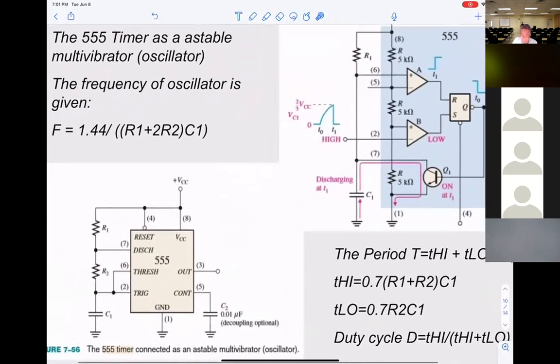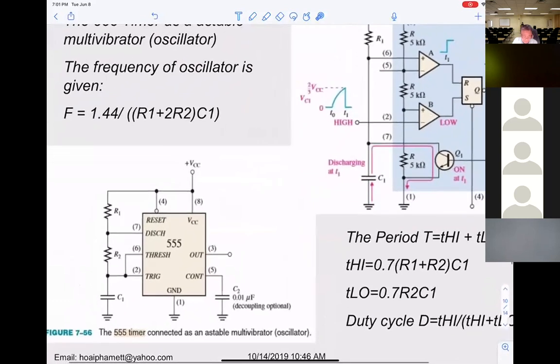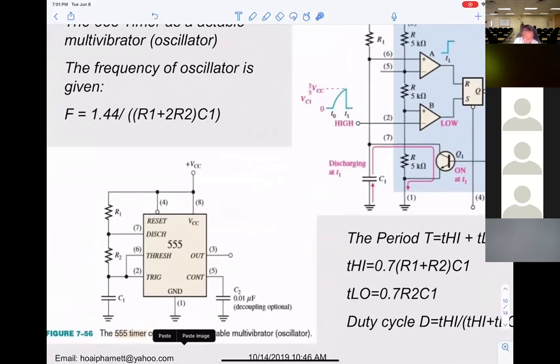For example, on this one here, if you get the VCC here, then you know what the voltage is at pin number 5 and what the voltage is at pin number 2.